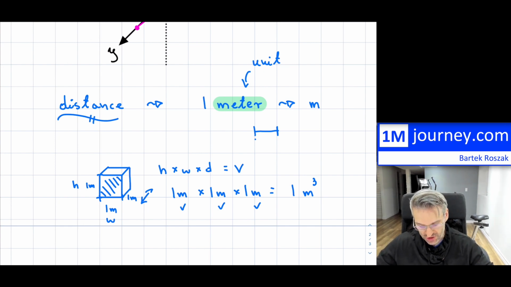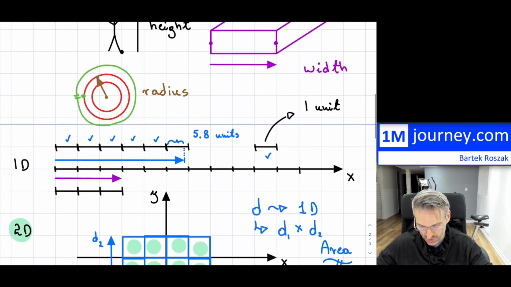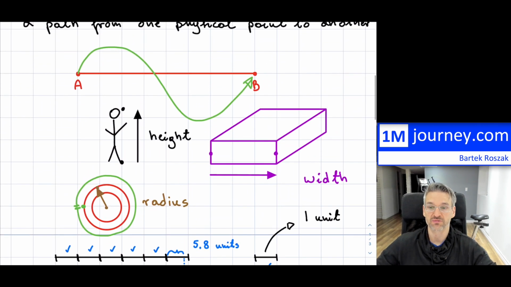So this is just the introduction, right? It is meant to introduce you to this concept of distance, that there are many different distances like height, radius, width, depth, and so on. And those distances are all 1-dimensional, measuring from one point to another.